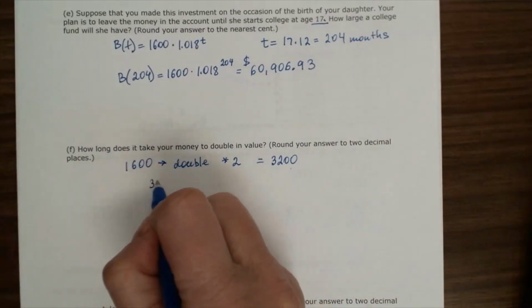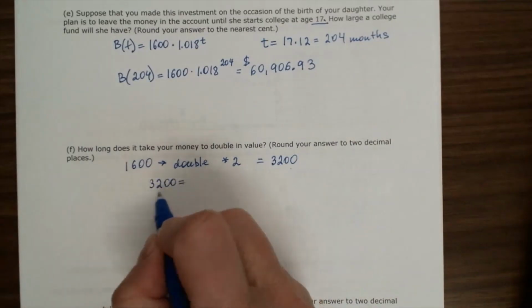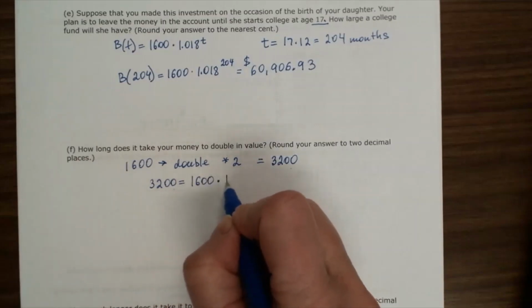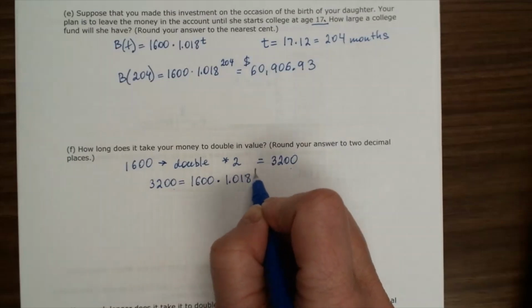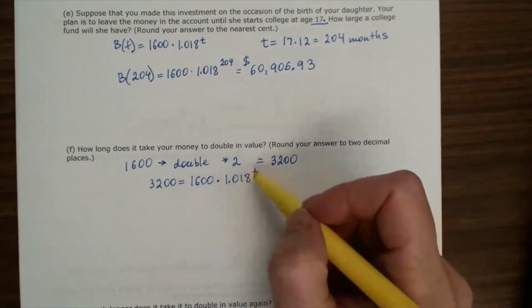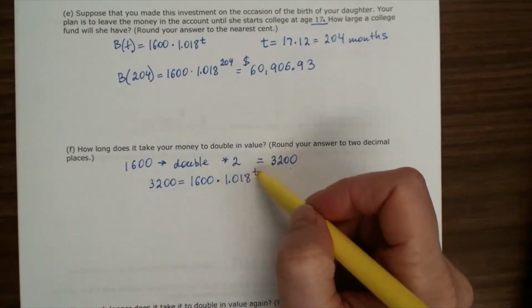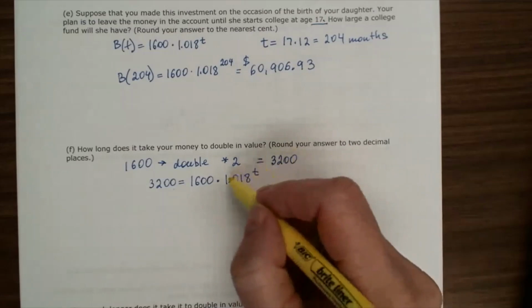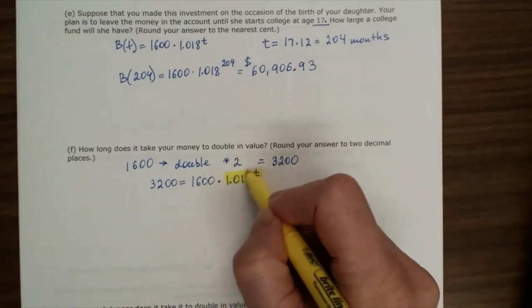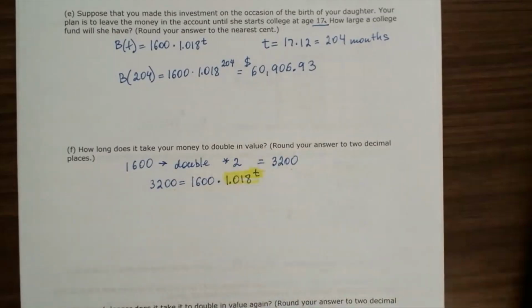In other words, we need to solve the equation 3200 equals 1600 times 1.018 to the t power. This is an exponential model because our variable is in the exponent. To solve this equation, first of all, we have to have the base to the exponent by itself on one side.